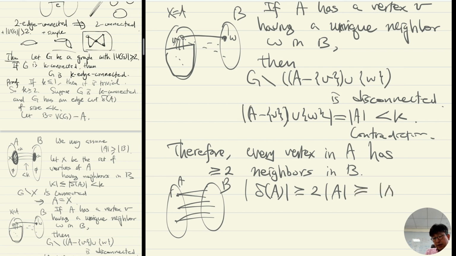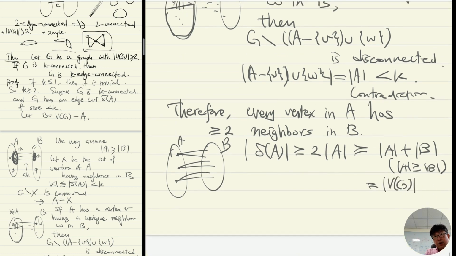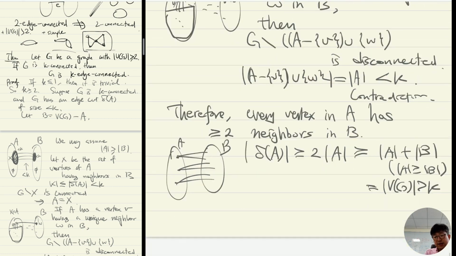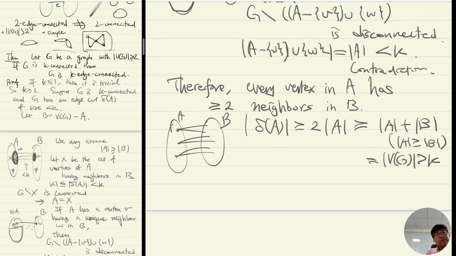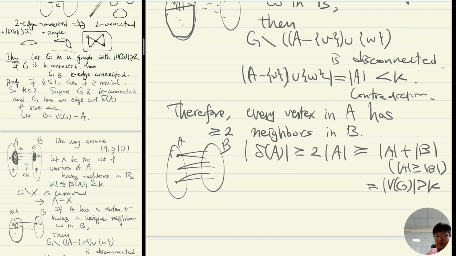But remember, we assume that size of A is bigger than size of B, right? So that is at least the number of vertices. But remember, number of vertices is bigger than K. So that's a contradiction, because we started by assuming that delta A is less than K. So that's the proof. So the ending of this proof is a bit tricky, but still.